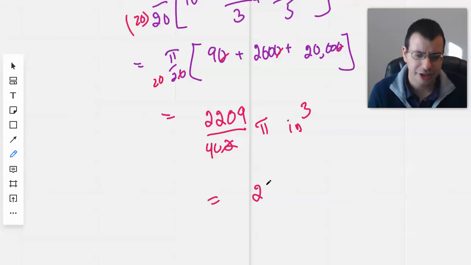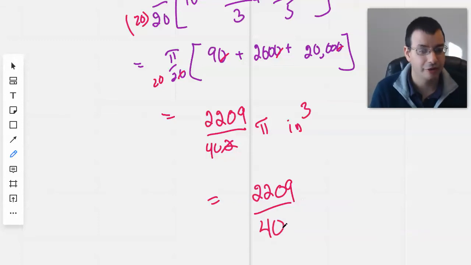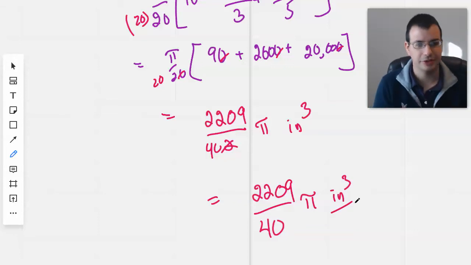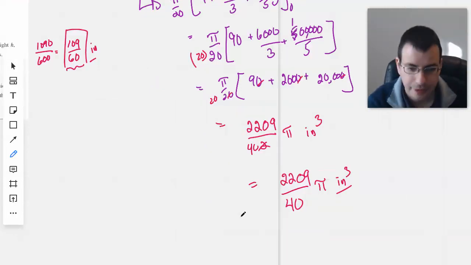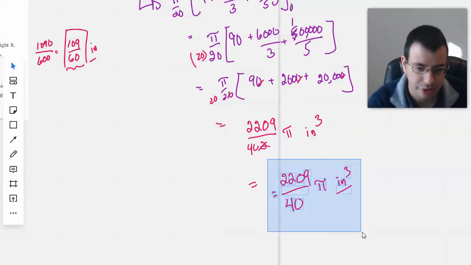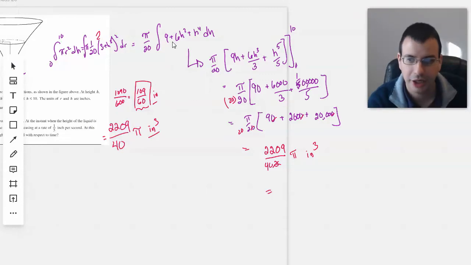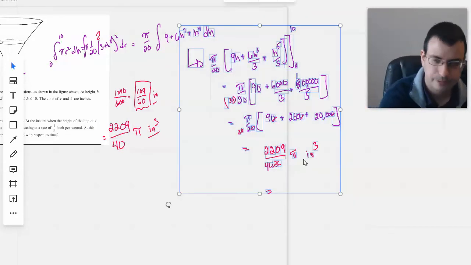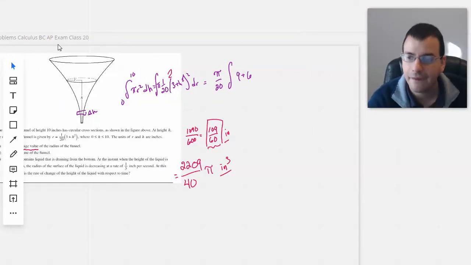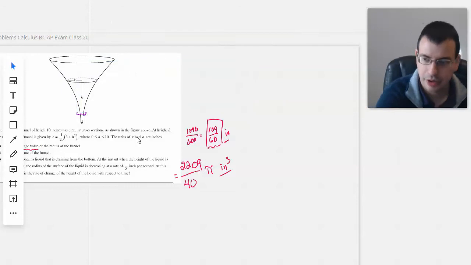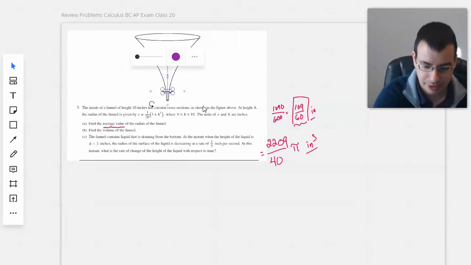I'm not quite sure how to simplify that, so I'm going to leave that as is. 2209 over 40, not 20, because that 1 over 20 has to be squared as well. And then inches cubed. There we go. Move the equal sign a little bit closer. That way it's easier to capture. Whoop, move over here. Clean up the board. There we go. Oh, forgot the little teeny piece right there.